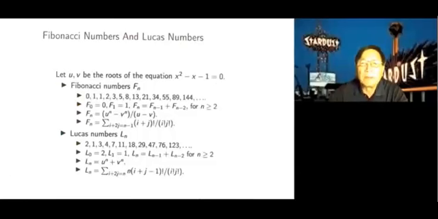F of n is equal to the sum of j plus 1 factorial divided by i factorial times j factorial, where i and j are the indices satisfying i plus 2 times j equals n minus 1.